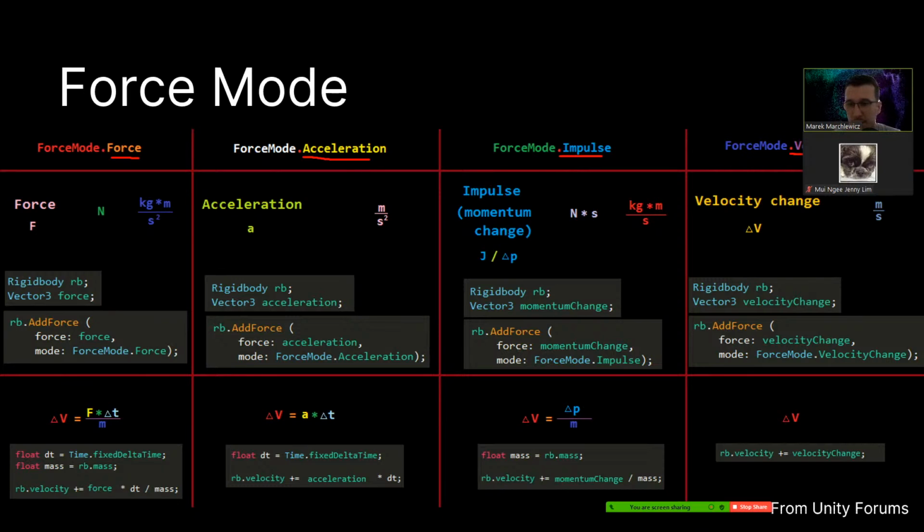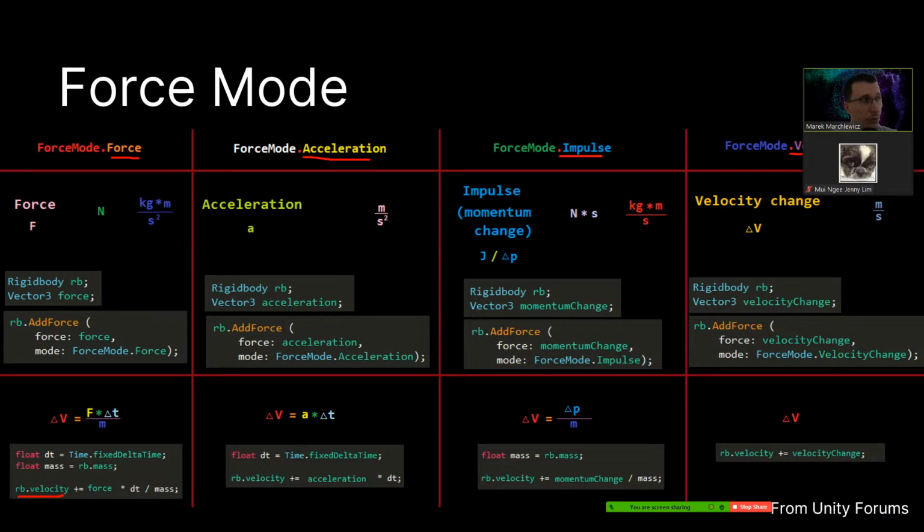And if you want to modify the velocity by hand, you can actually do this, although it's not really recommended. Most of the time you should use AddForce. But this is something you can do. You can modify the velocity directly like that. So rigidbody.velocity, and set any value you want there.